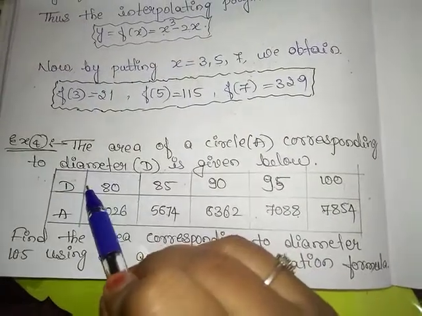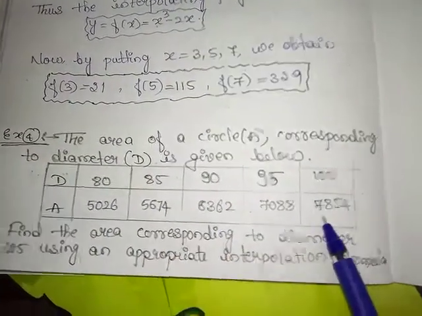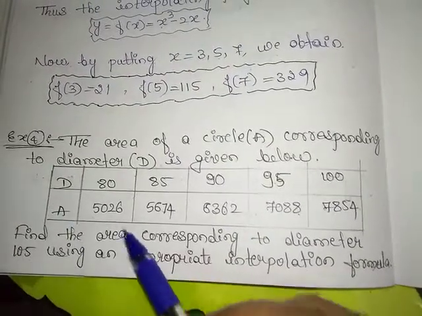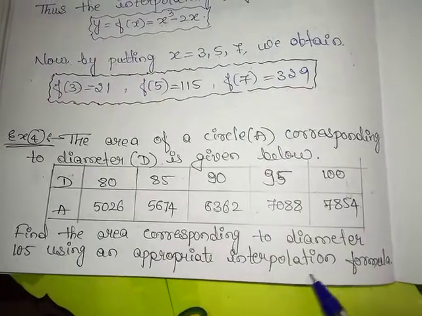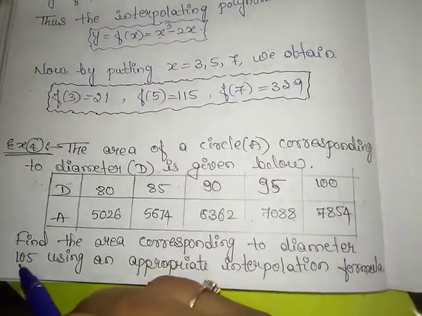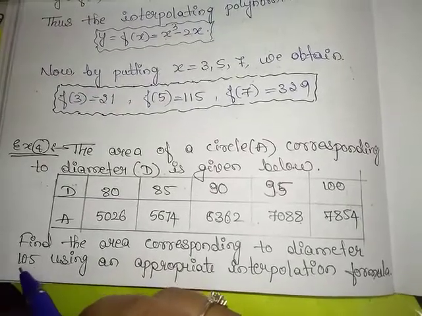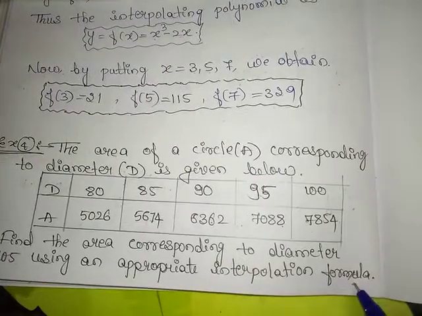Okay, and consider these are the values of x and these are the values of y. Here we have to find the value of area, means we have to find the value of y at diameter 105, means at x value 105. Our desired x value is 105 using appropriate interpolation formula.